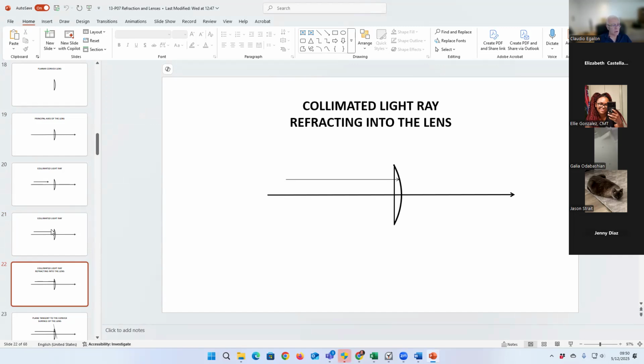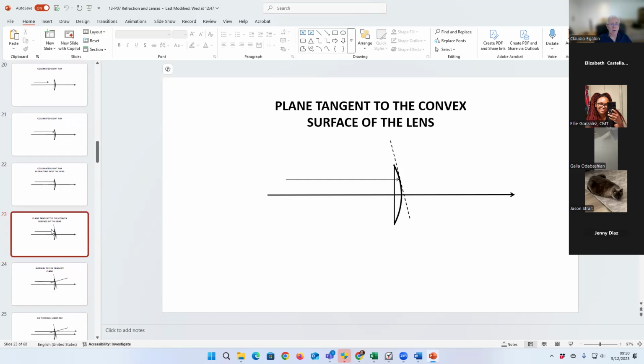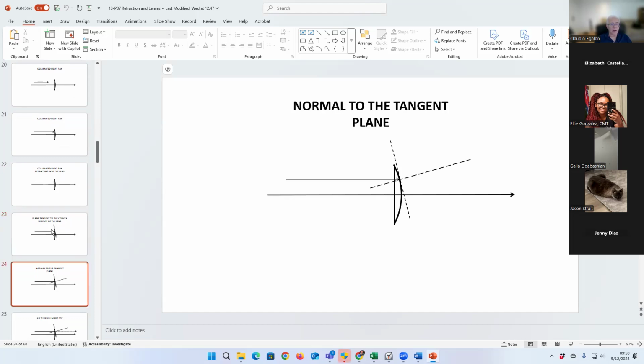But now it is incident on the other side of the lens, which has a curvature. Here is the plane tangent to the curvature of the lens. This light ray is going to be refracted into the other medium. Here is the normal with respect to the curvature of the surface.